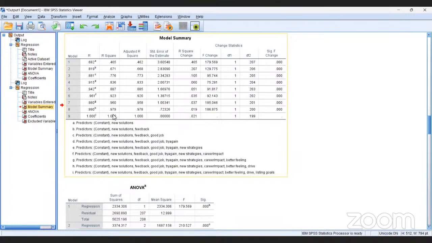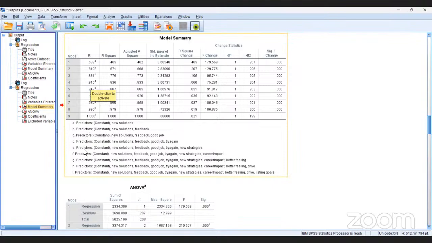And when it is new solution, feedback, and good job, then it becomes 88%. This is visible to all of you? Yes, sir. Okay.